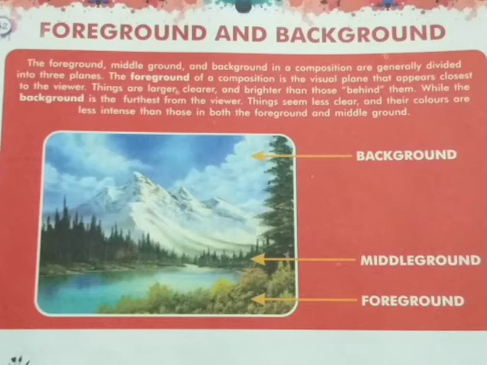That will be seen in a medium tone color, not too dark, not too light, and not in detail. Then the background: in the background the sky is shown. The color will be very light, because the background is the farthest from the viewer.